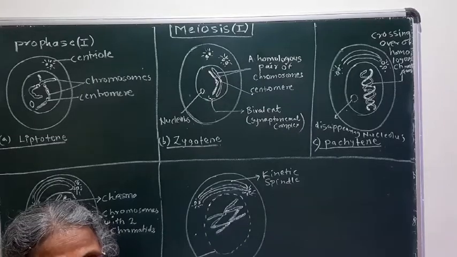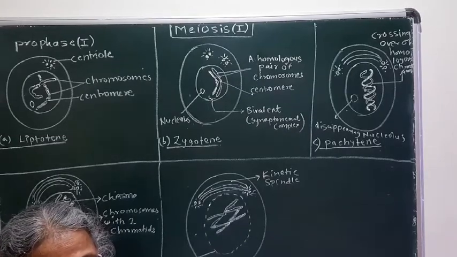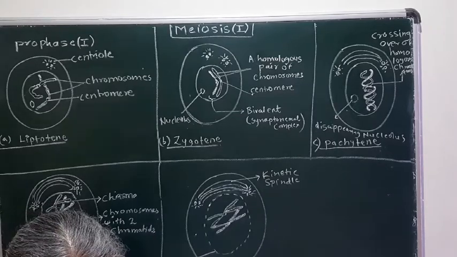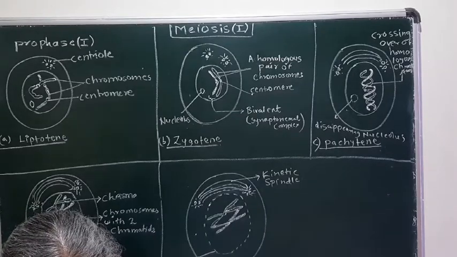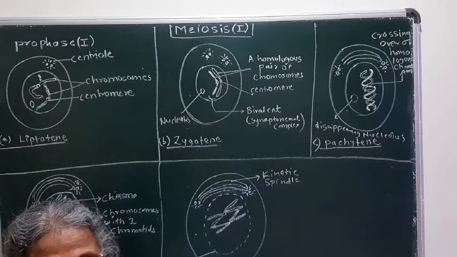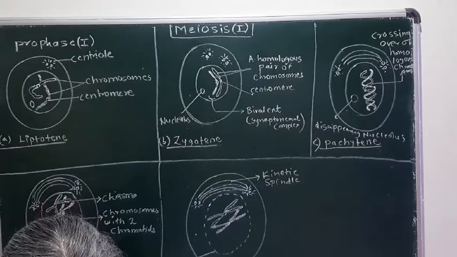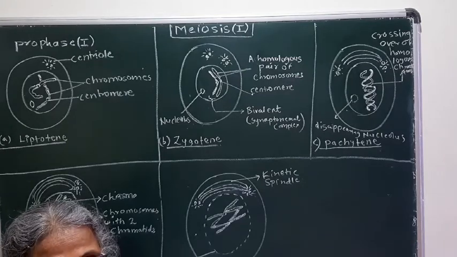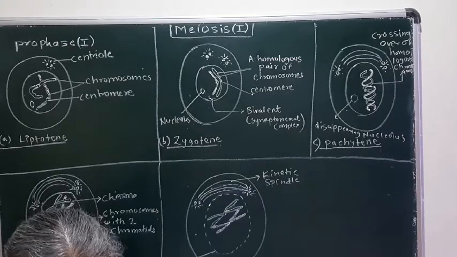For example, in human beings, 46 is the normal chromosome number, which is diploid. What do you mean by a haploid cell or n cell? When the cell has 1 set of chromosomes, it is said to be a haploid cell, and for human beings, haploid has 23.